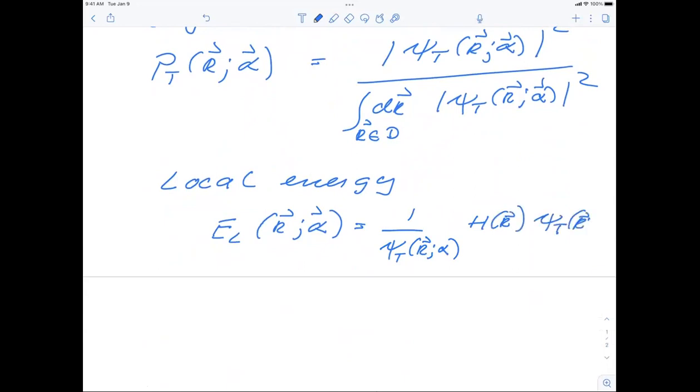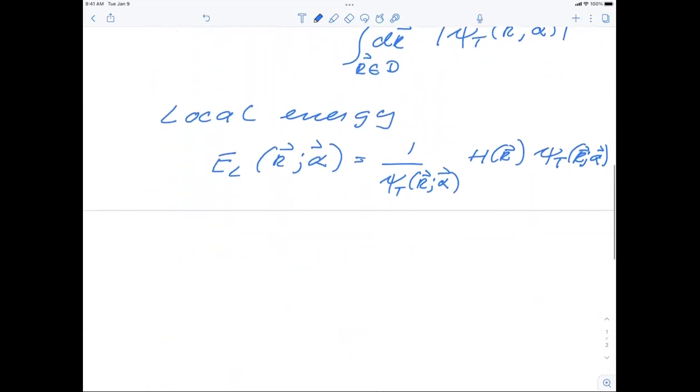And last week, you started to look at the calculation of this quantity for the specific trial wave function which we are going to look at in this course, in project number 1. So alpha is a series of variational parameters. It is a vector which contains a set of parameters, alpha 1, alpha 2, alpha 3, up to some alpha n.